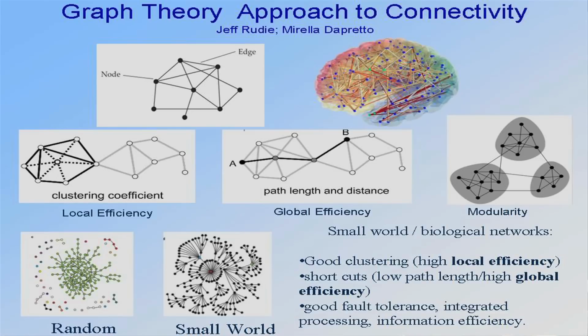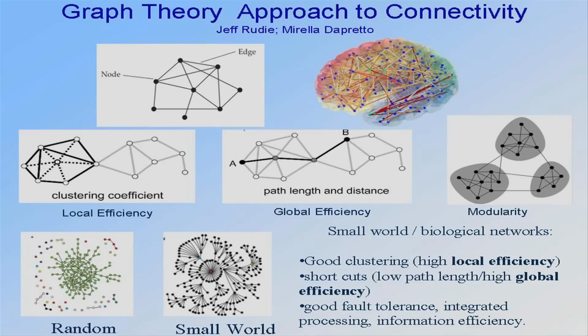Jeff and Mirella Dapretto have done a series of studies, and this is one looking at what we call a graph theory approach to connectivity. I'm not going to go into the details of graph theory, but to focus on a couple of key concepts. And that is that as the brain develops, we develop modules, certain areas of the brain which work together to solve certain tasks.